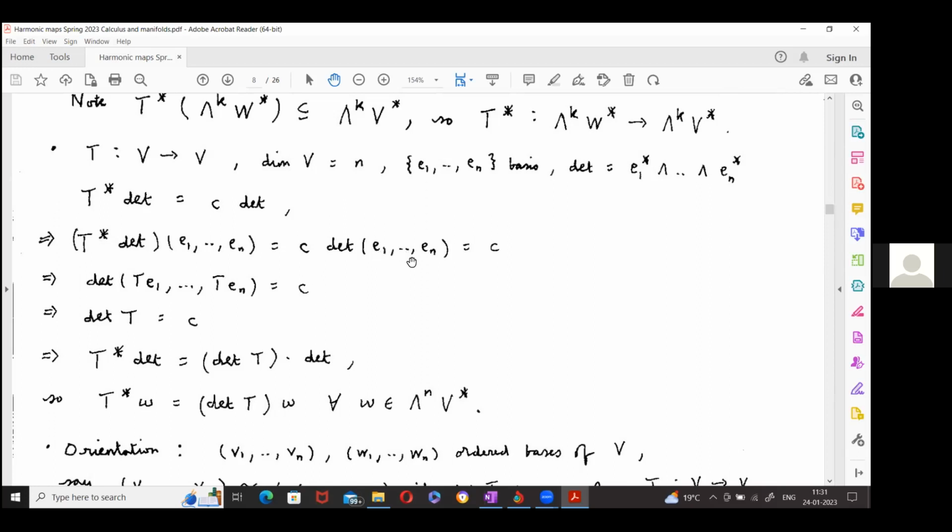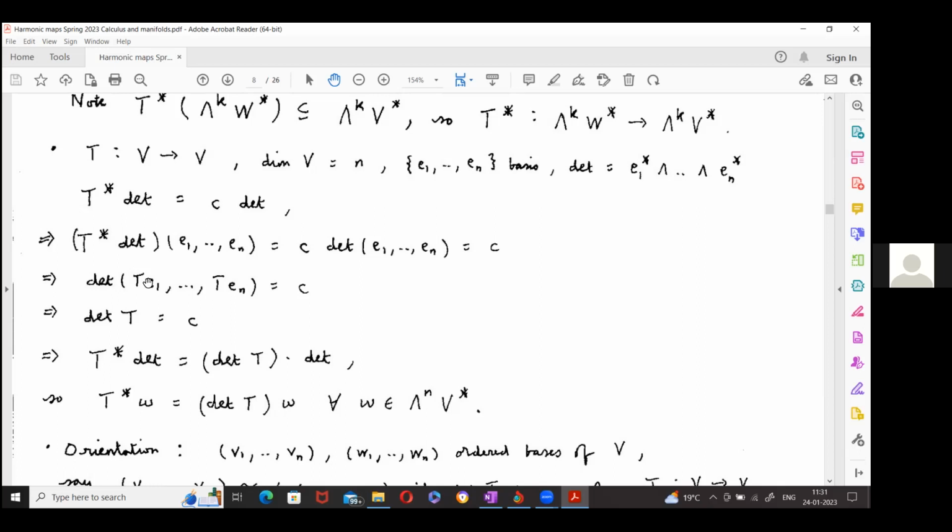And the determinant of E1 to En with respect to the basis E1 to En is just the determinant of the identity matrix, which is 1. So this will give you c. So c is equal to T star det of E1 to En. In other words, this left-hand side becomes det of TE1 to TEn, equal to c.